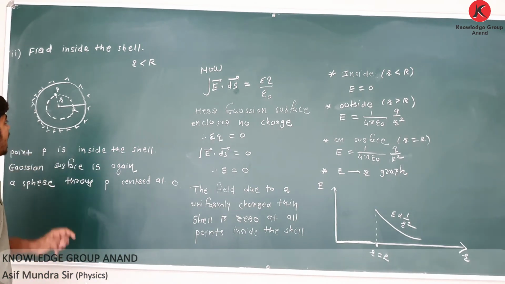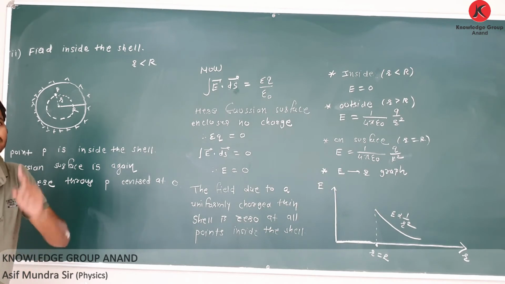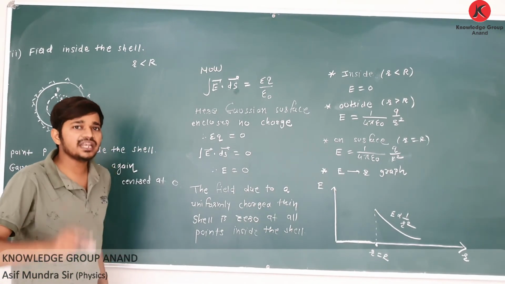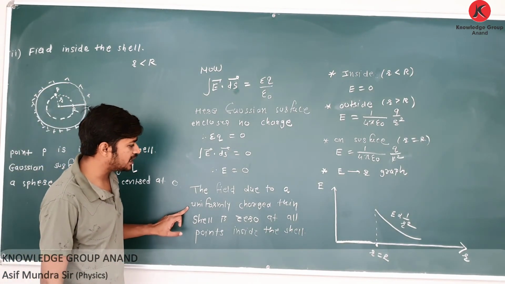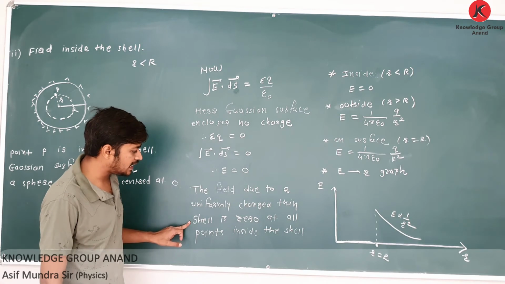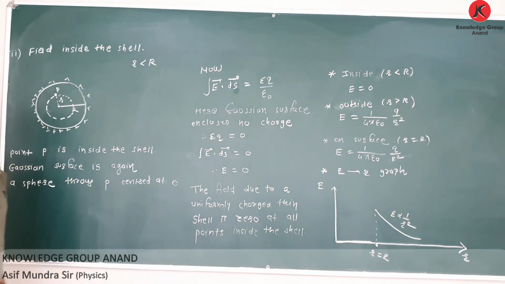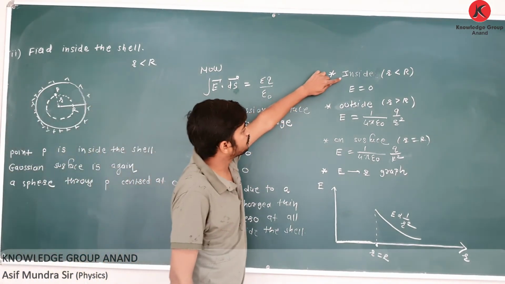So remember, at each and every point inside a spherical shell, electric field is 0. The field due to a uniformly charged thin shell is 0 at all points inside the shell. Now, three cases.